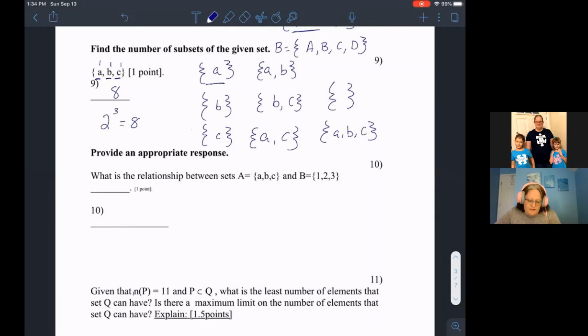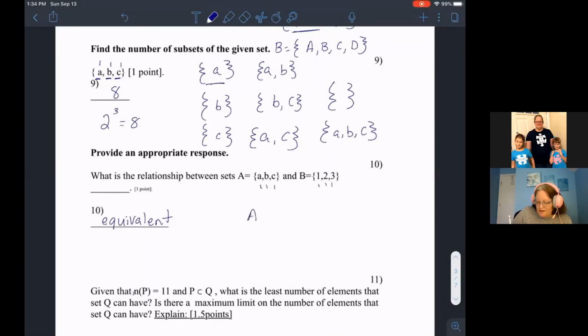Now number 10, it says, what is the relationship between sets, if A has A, B, and C, and B has 1, 2, 3? That would mean they are equivalent. They're equivalent because they have the same number of elements. They would be equal if each element was the same.